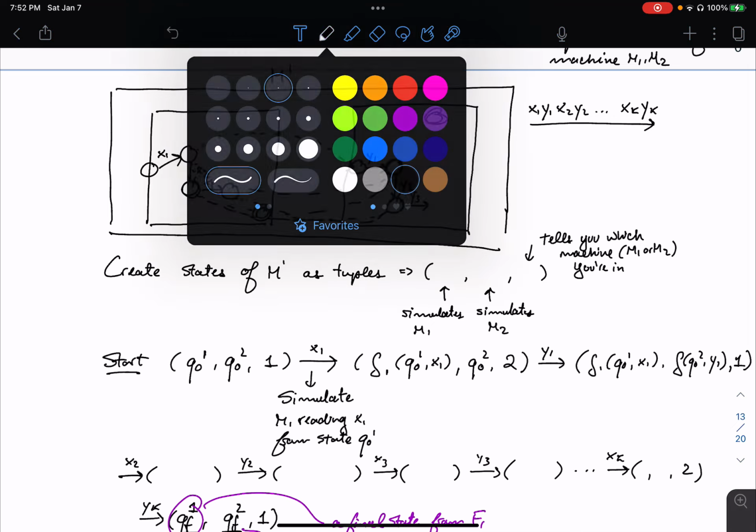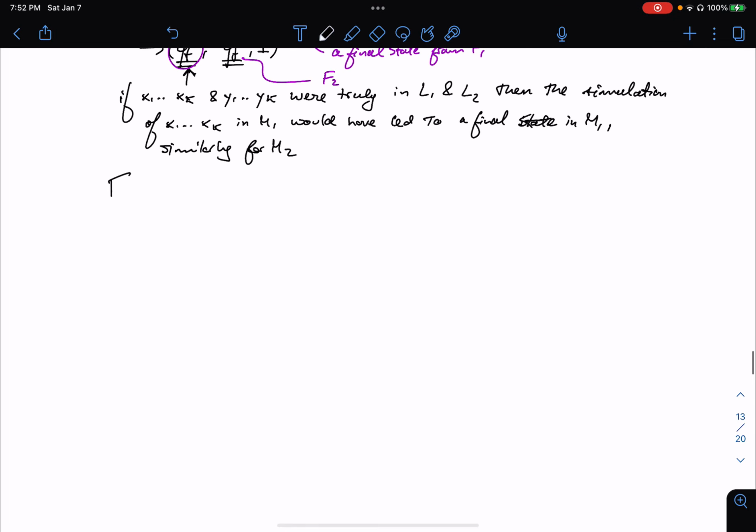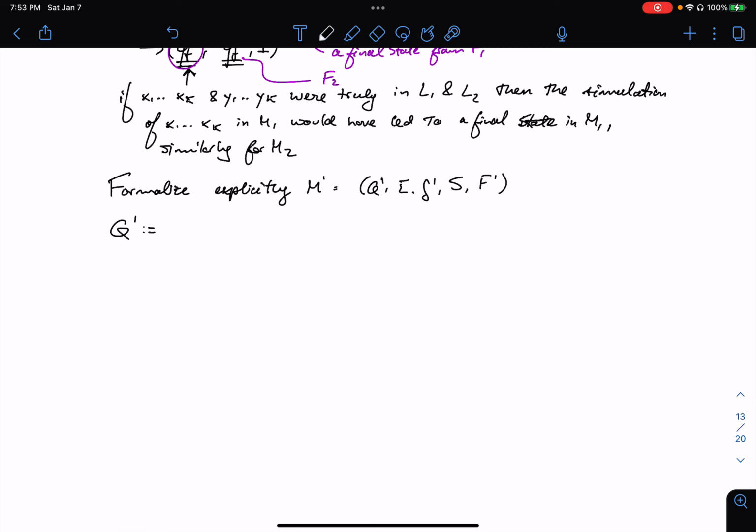The only thing we actually need to do now is to formalize M prime explicitly. So if M prime is Q prime, sigma, delta prime, the start state, and F prime, okay, then my new set of states is going to be a three tuple, right?